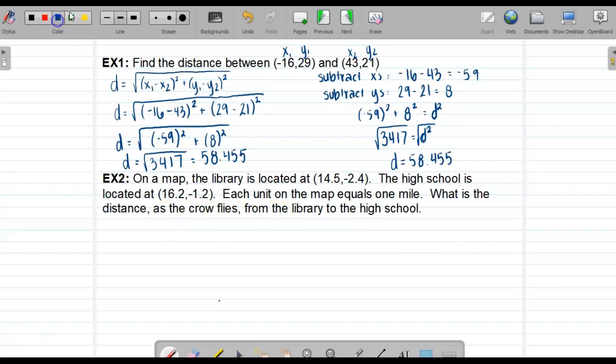This phrase right here, I have found sometimes is something you guys have not heard. Anybody heard it before? As the crow flies. Okay? Who's heard it? What's it mean, Gabe?